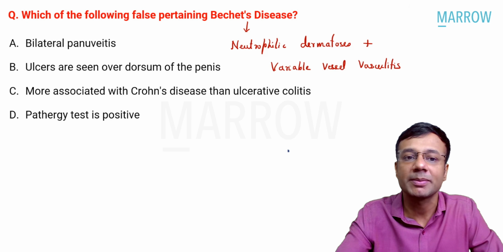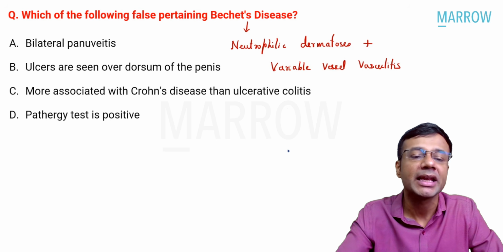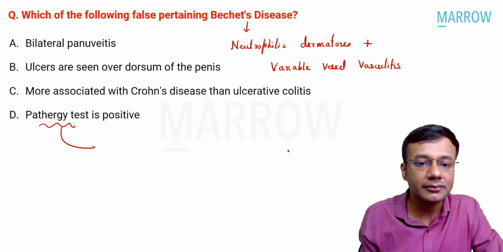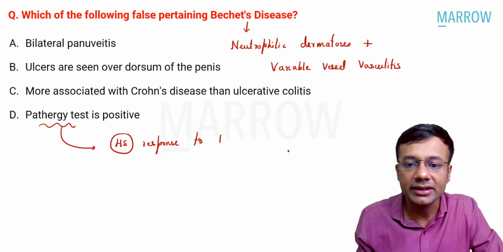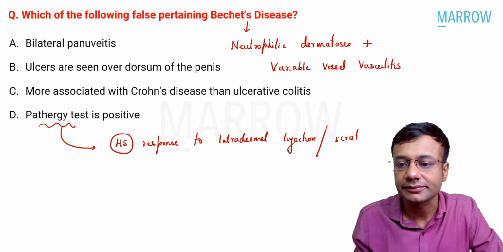So what question was asked about Behçet's? Which of the following statements is false? Option A, bilateral panuveitis, is correct. It can produce iridocyclitis. Option C, more associated with Crohn's than ulcerative colitis, is also correct. Pathergy test is positive is also correct, because pathergy is a hypersensitivity response to intradermal injection or to scratch.